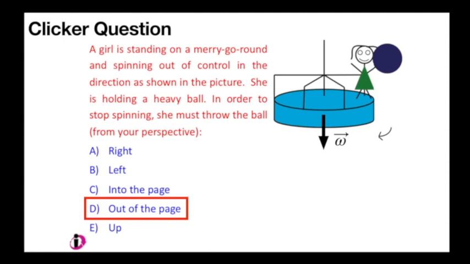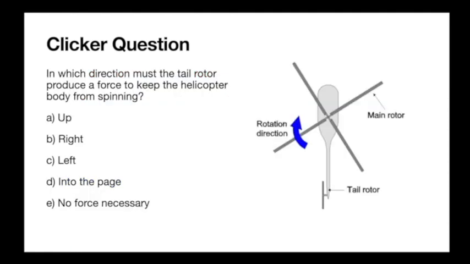All right, let's do one more kind of spatial thinking challenge problem. So now we have a helicopter, and it's either in the air and speeding up the rotation of the rotors, or it's just starting up, but its rotors are gaining angular momentum in this direction, right? So that would be into the page.